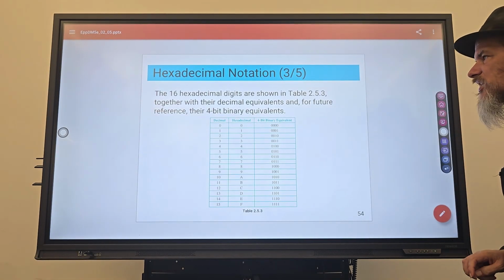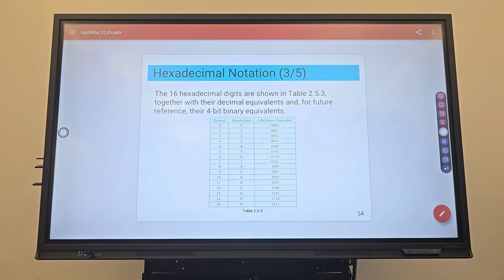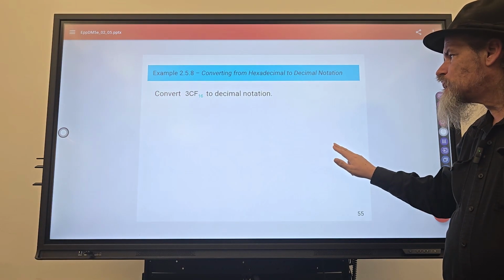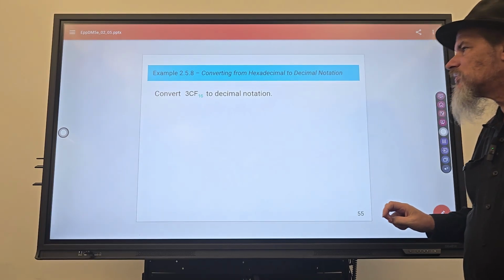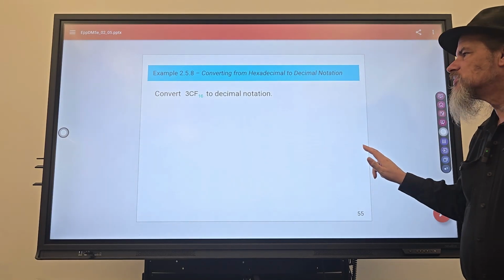The 16 hexadecimal digits, together with their decimal forms and, for future reference, their 4-bit binary equivalents are given here. After a while of using these, you get to know them pretty well and can convert things fairly easily between hexadecimal and binary. Convert 3CF to decimal.